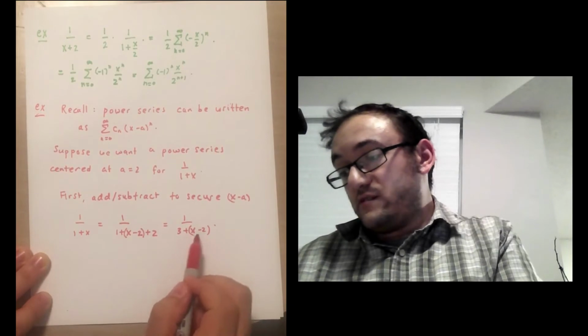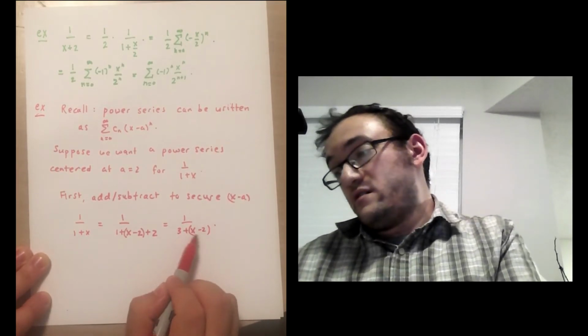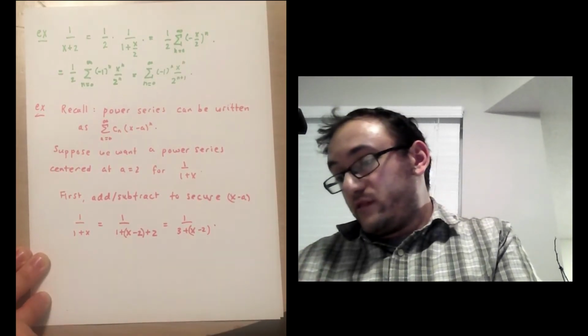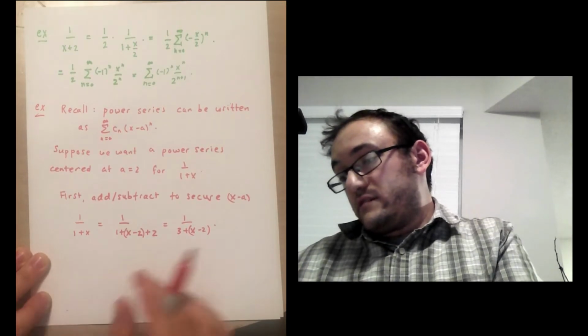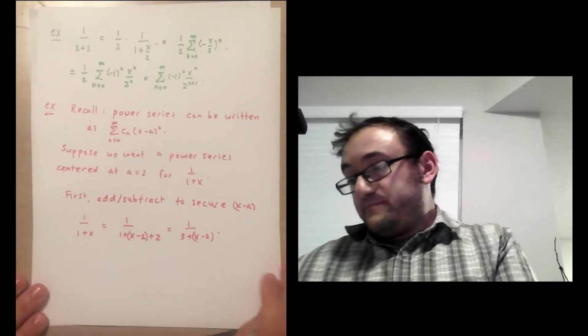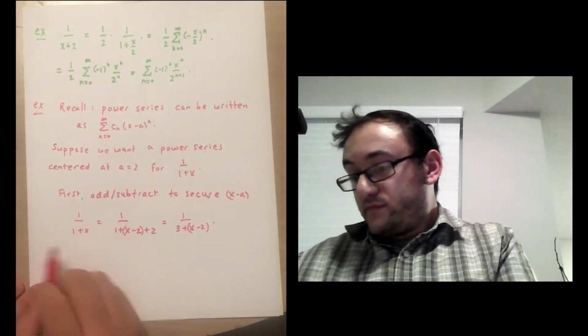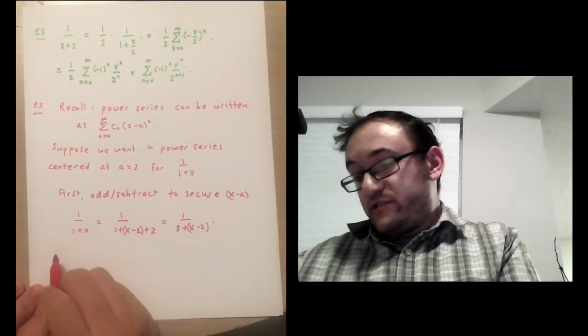which has a constant plus the expression x minus a that we're interested in. So how do we get this to look like a geometric series?